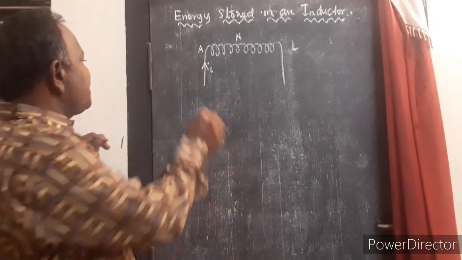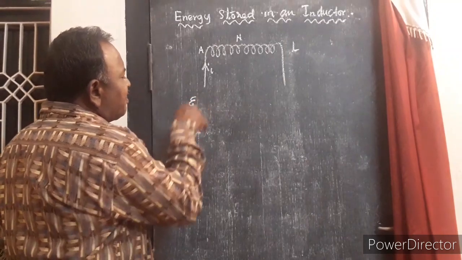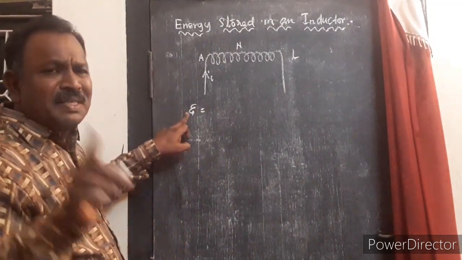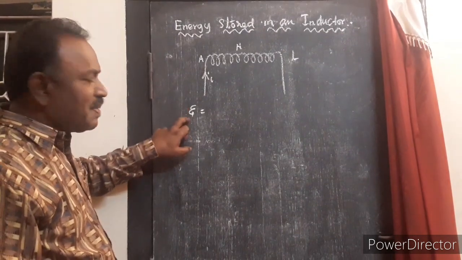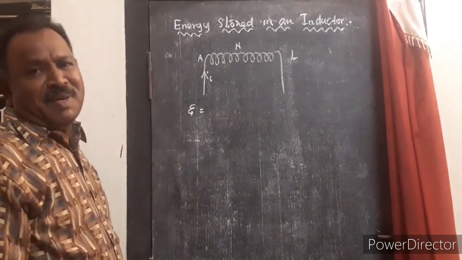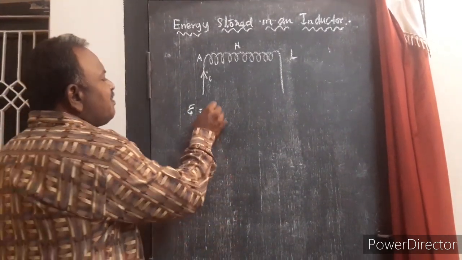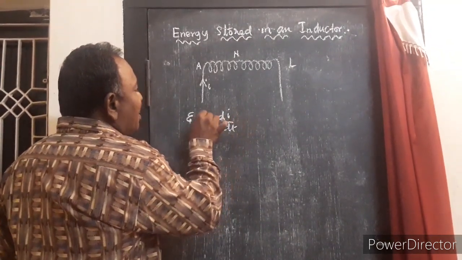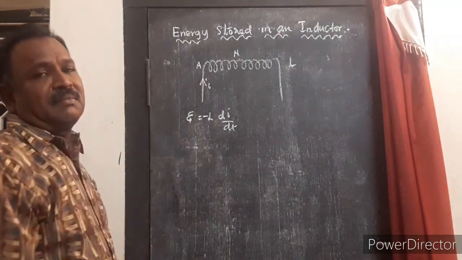This induced EMF is represented as epsilon, and it is given by L into di by dt, of course with a negative sign.